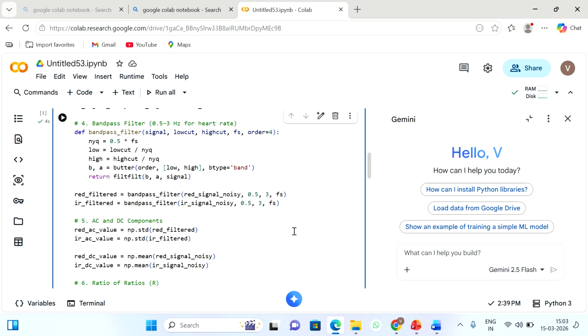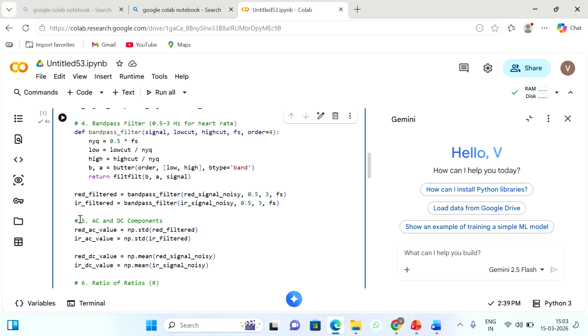Already we have decided the sampling frequency FS, which is normalized. Then for IR, whatever processes we did for the red signal, the same thing is applied to the IR signal also. So the band pass filter is applied to the noisy IR signal, with cutoff frequency ranging from 0.5 to 3, and then the sampling frequency.